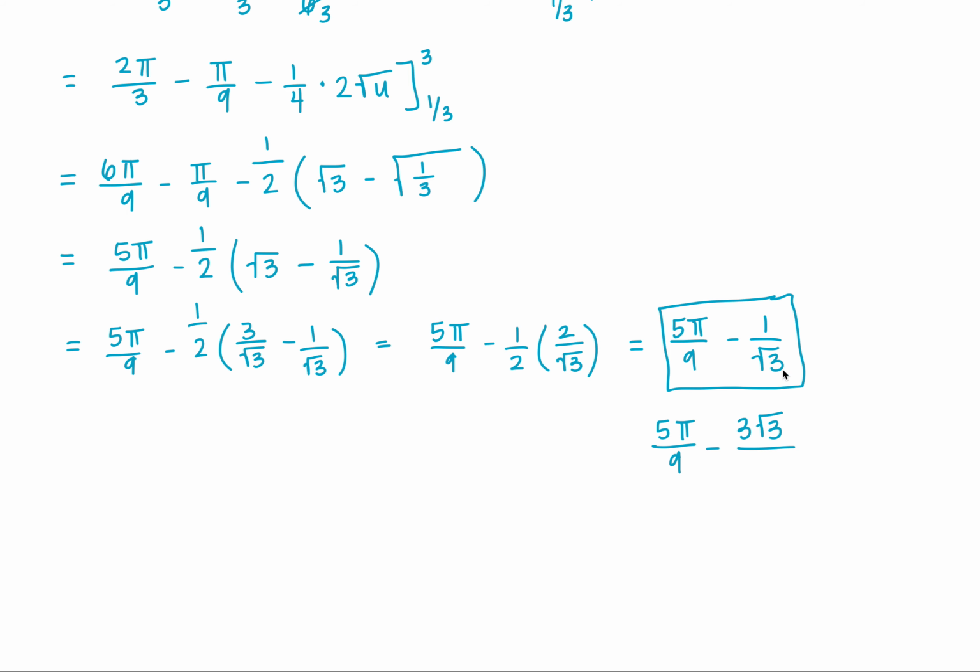But when you multiply the denominator by 3 times the square root of 3, you get a 9. So you could write this as just one single fraction, 5 pi minus 3 square roots of 3 over 9. You don't have to, but if you're somebody that likes to really clean it up as far as you can go, that's totally acceptable.